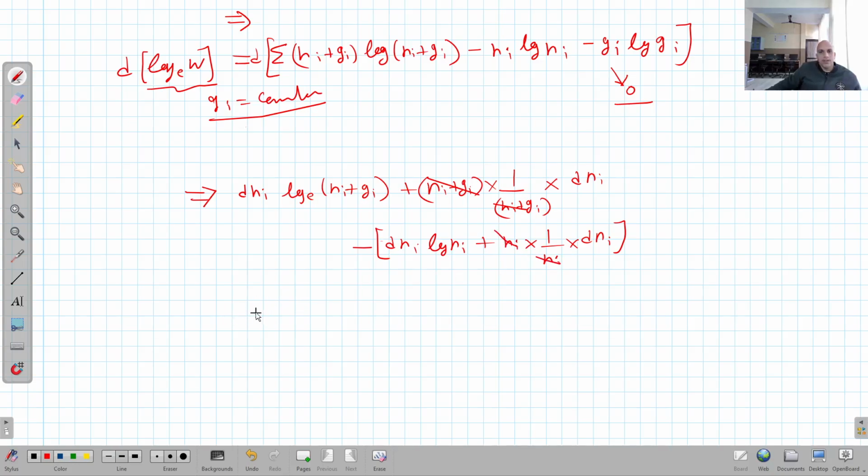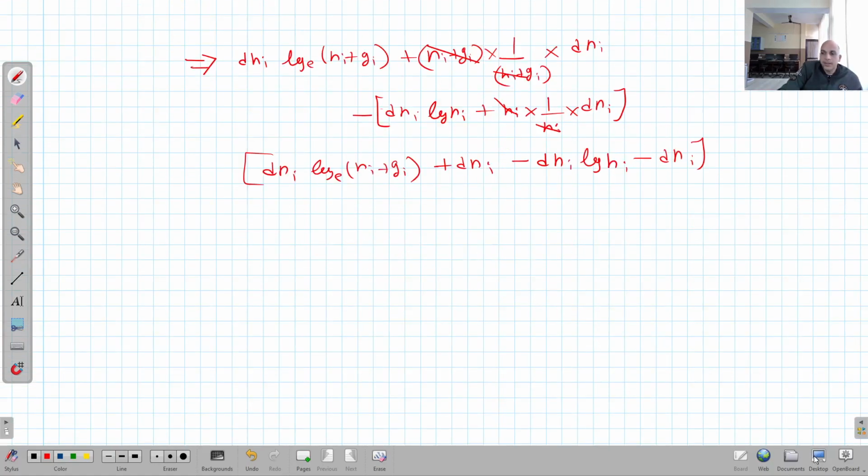So after simplification, I got dNi log of (Ni plus Gi) plus dNi, clear, minus dNi log of Ni, clear, and minus dNi, clear. So this is what I got when I rearranged this equation.